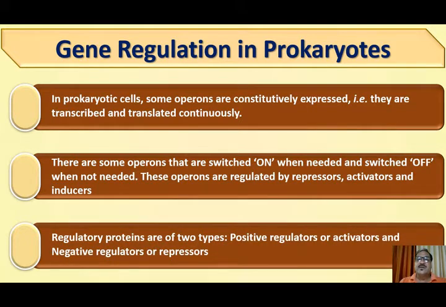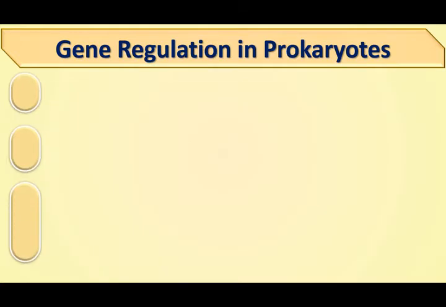In case of bacteria, this typically means molecules present in the growth medium. These signals are communicated to the genes by regulatory proteins, which come in two types: positive regulators or activators and negative regulators or repressors. There are three types of regulatory molecules that can affect the expression of operons.